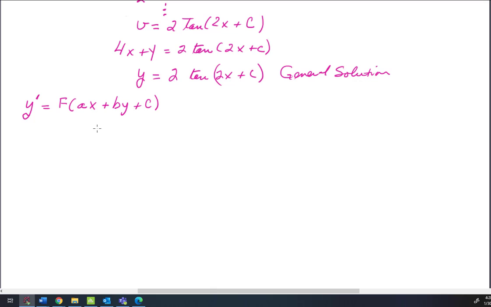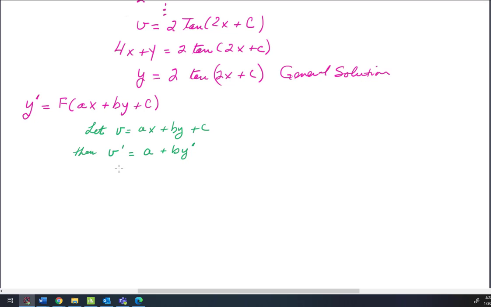So why don't we proceed the same way we've been proceeding? This will be more abstract though, but the next thing we would do would let v equal ax plus by plus c, and then let's try this. Then v prime would be a plus b y prime, and the constant would be 0.